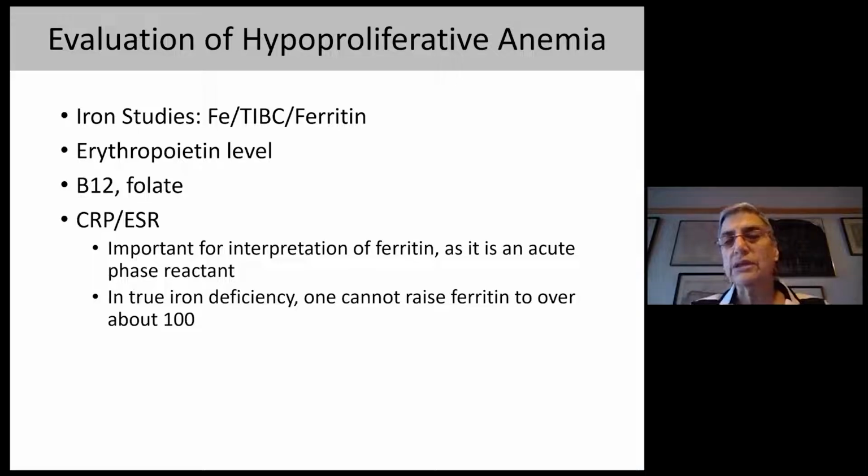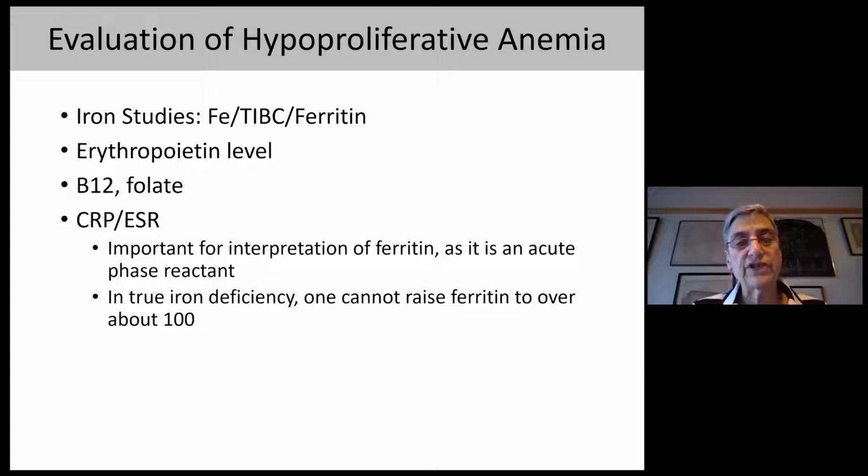That's regardless of the MCV, because iron deficiency is the most common cause of anemia regardless of the MCV, although classically severe iron deficiency is associated with microcytosis. I find that the erythropoietin level is extremely helpful in many cases of anemia with low reticulocyte count, and I'll discuss that a little bit further.